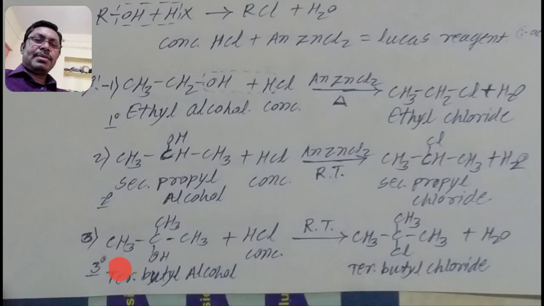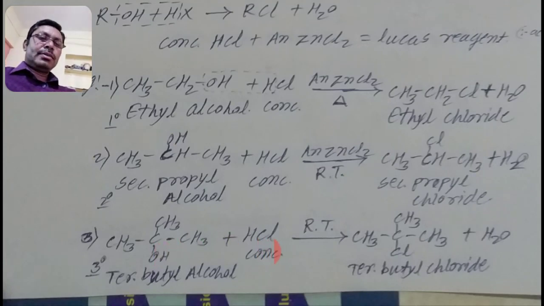And the last example is a tertiary alcohol. It has the name tertiary butyl alcohol, because it contains 4 carbon atoms and the OH is attached to a tertiary carbon atom. When tertiary butyl alcohol reacts with concentrated HCl, it needs no catalyst like ZnCl2 and no heat.